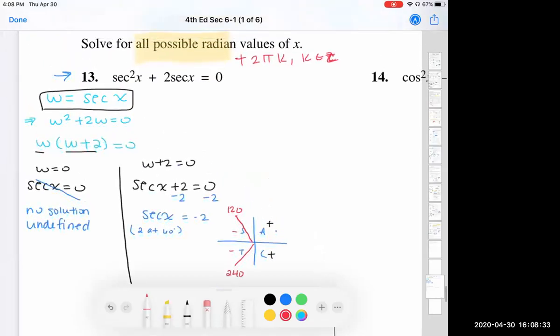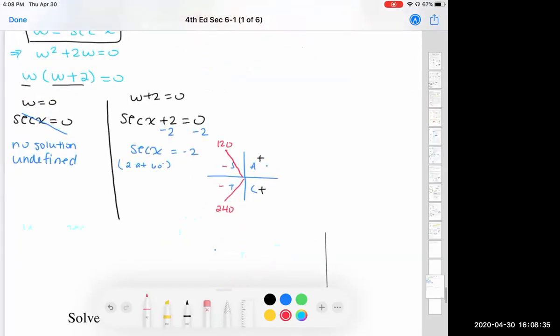But our question wants radians, so instead of 120, I'll write 2 pi over 3, and instead of 240, I'll write 4 pi over 3. So my answer is x is equal to 2 pi over 3 and 4 pi over 3.